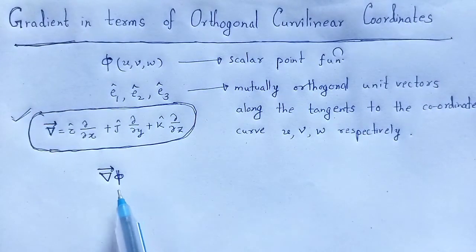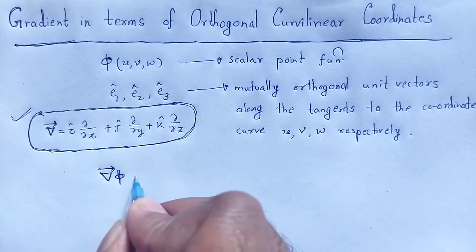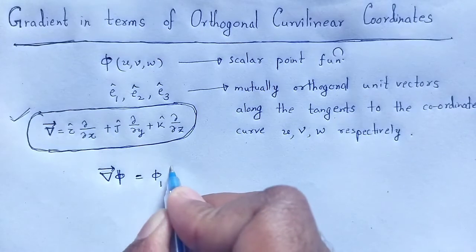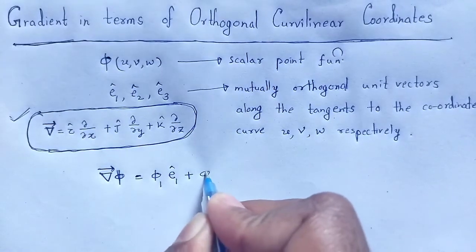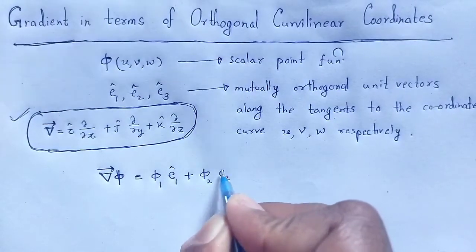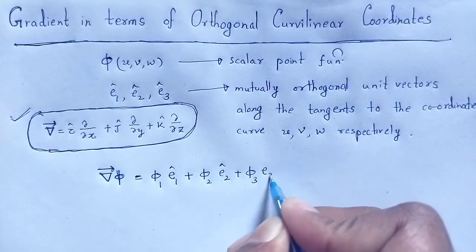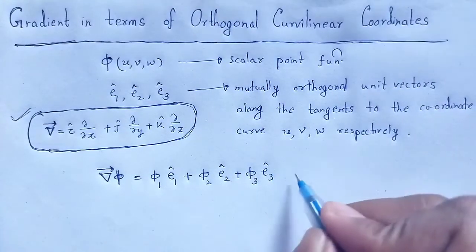Grad of phi we can write as phi 1 e1 cap plus phi 2 e2 cap plus phi 3 e3 cap.